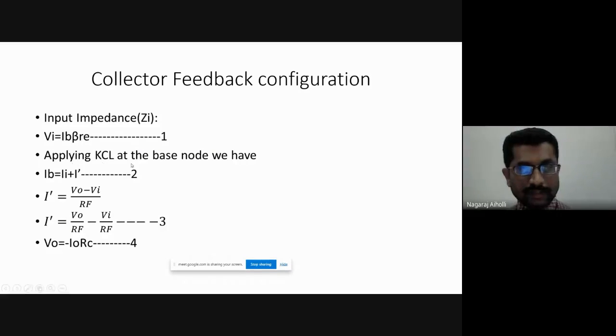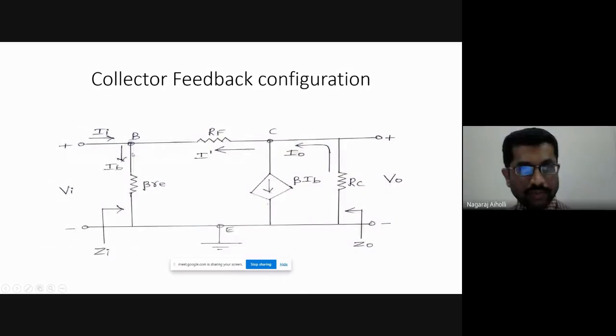Let us apply KCL at the base node. If we apply KCL at the base node here, what do we get? The base current IB is equal to II plus the current flowing through RF, which we assume as I dash. Therefore, II plus I dash is equal to IB. Yes or no?